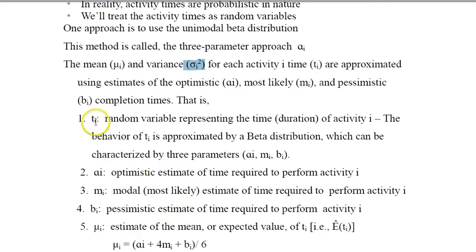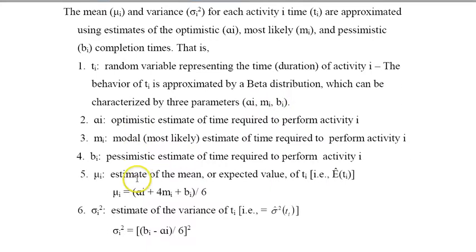So if I take Ti, which is the duration of activity I, we think of it as a random variable, and the behavior of Ti is approximated by a beta distribution, which is characterized by these 3 parameters, AI, MI, and BI: the optimistic, the mode, and the pessimistic estimates.